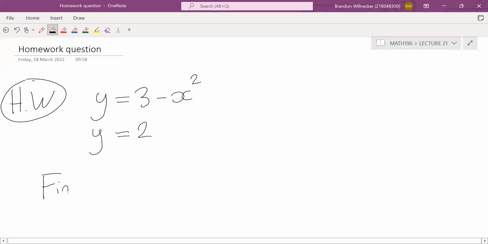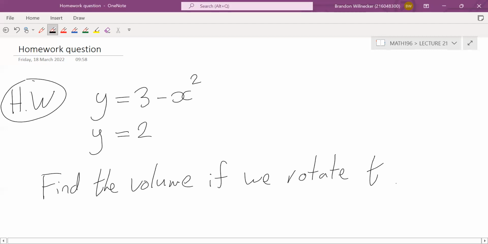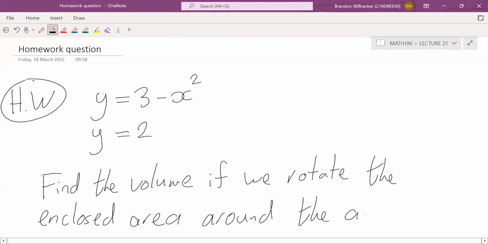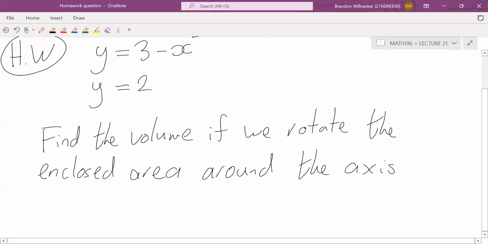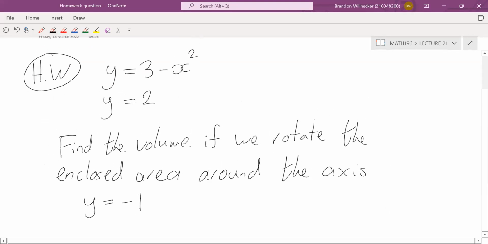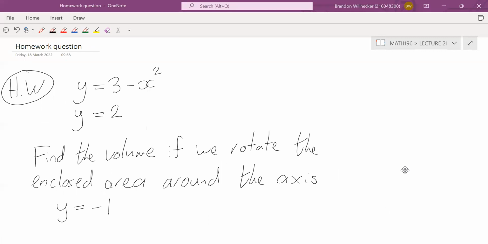Find the volume if we rotate the enclosed area around the axis y equals minus 1. So there's our homework question for 1 bonus mark for next week's tutorial test.